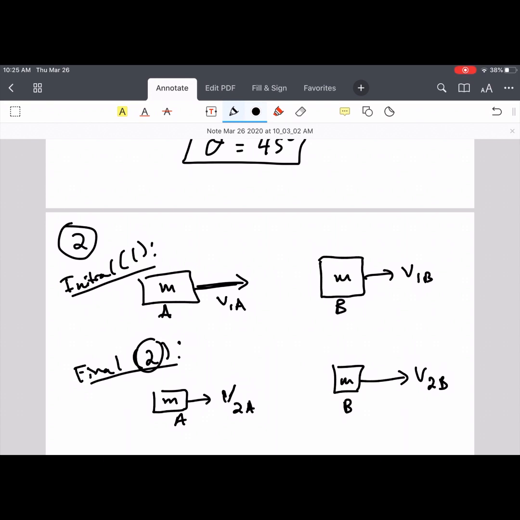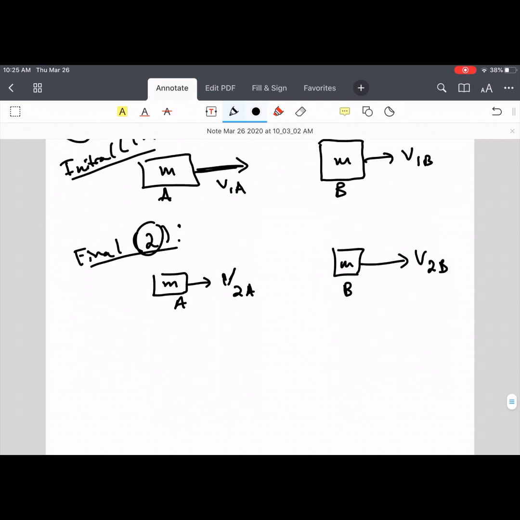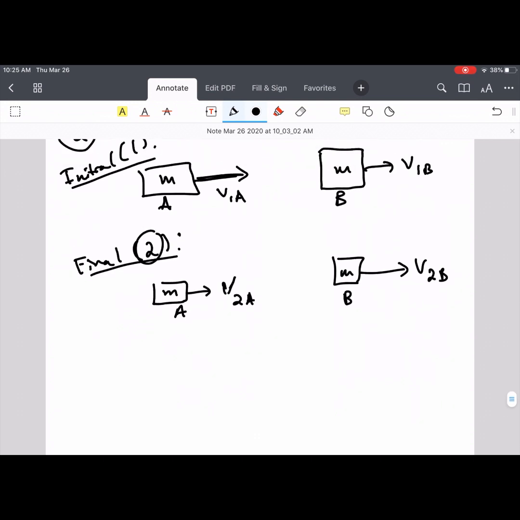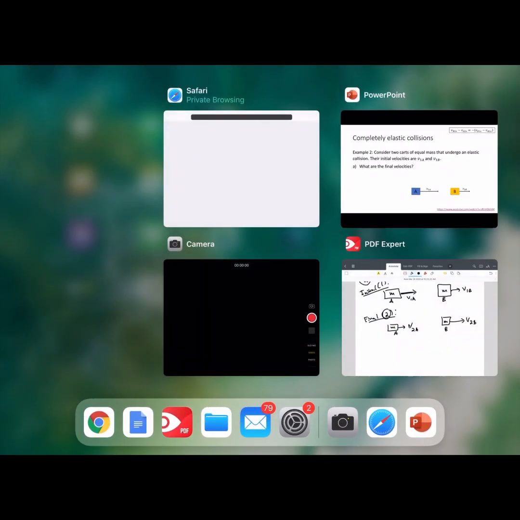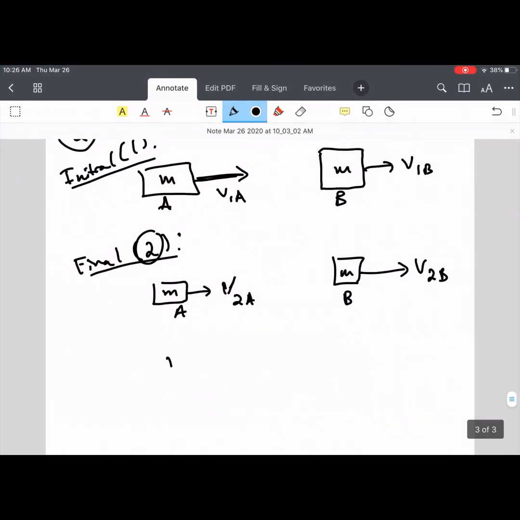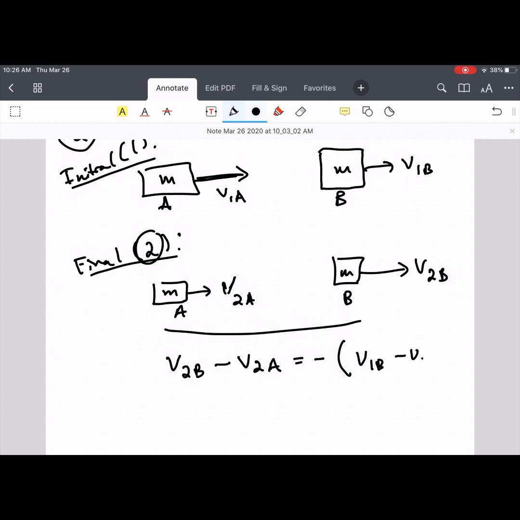So we have conservation of momentum, we have conservation of energy, and because this is a one-dimensional elastic collision, we have this magic formula, which is that the relative velocities switch. So I'm going to go ahead and write it out using the exact same language as I had before. V2B minus V2A, the relative velocities of these guys after the collision, is equal to negative V1B minus V1A, the relative velocities before the collision.